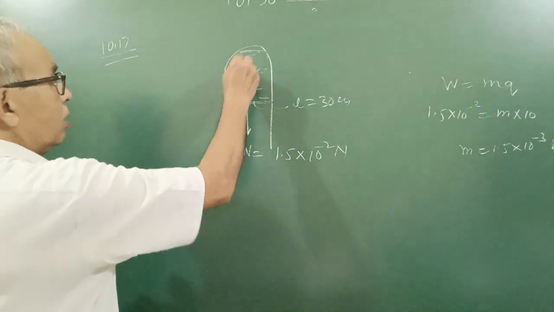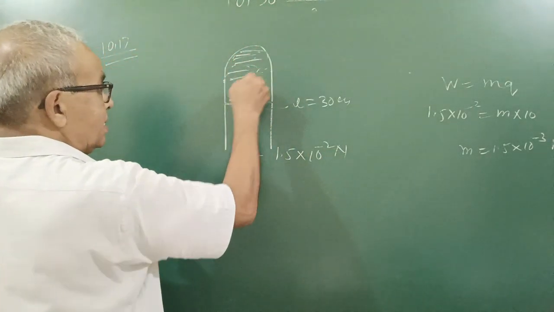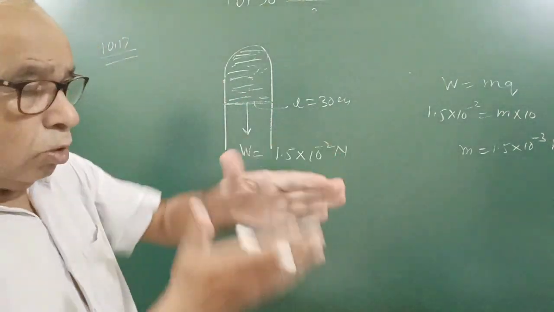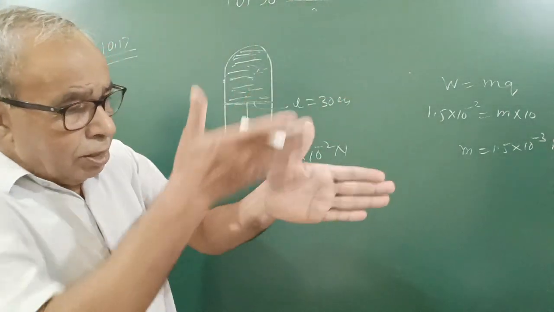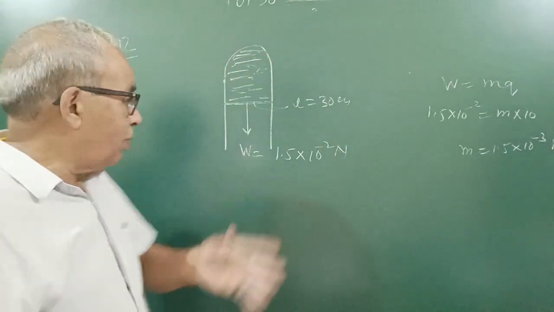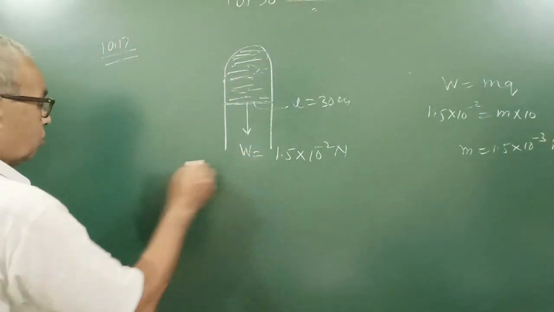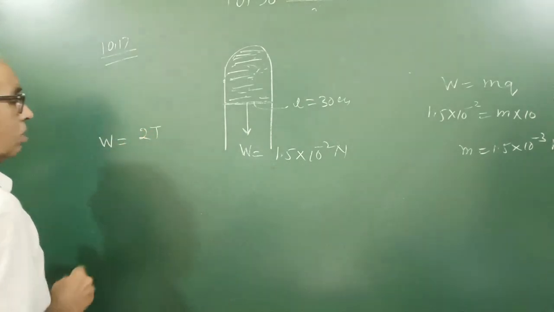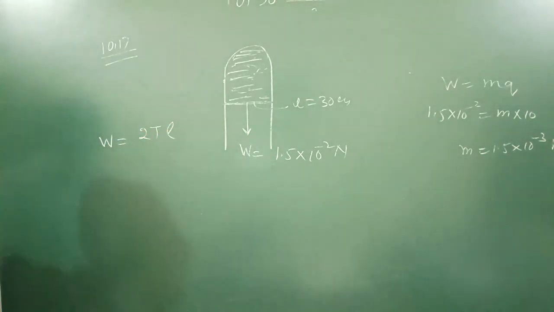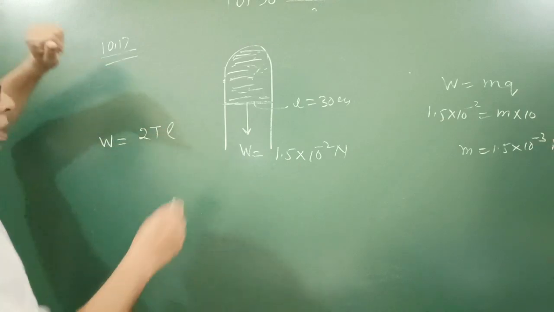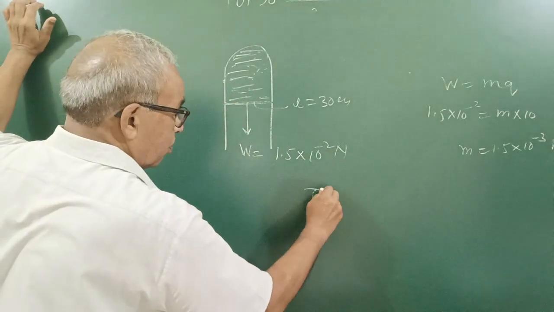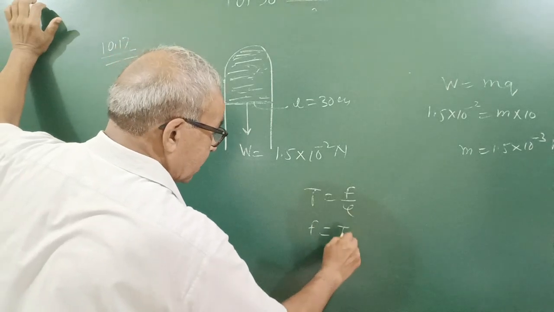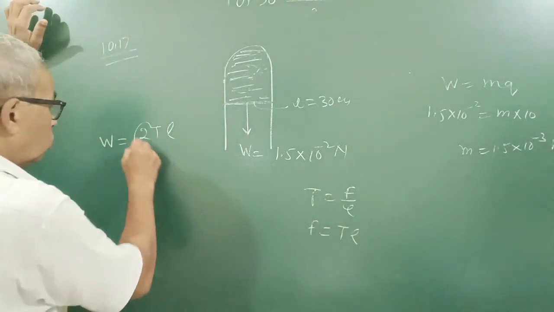So you are asked what is the surface tension of the liquid. Again I am telling why I am telling this question: because in the liquid film, there are two surfaces. So here this weight will be 2TL. 2 is there, surface tension is F upon L. So F equals W. Why is there 2?